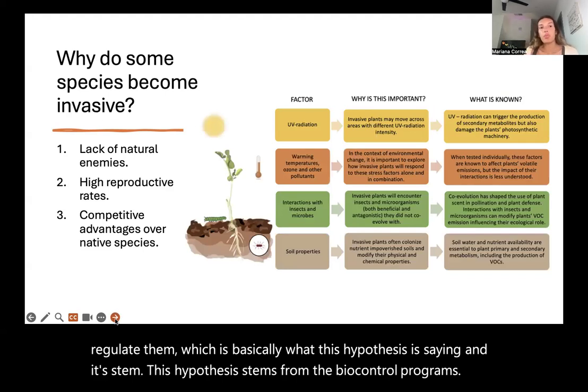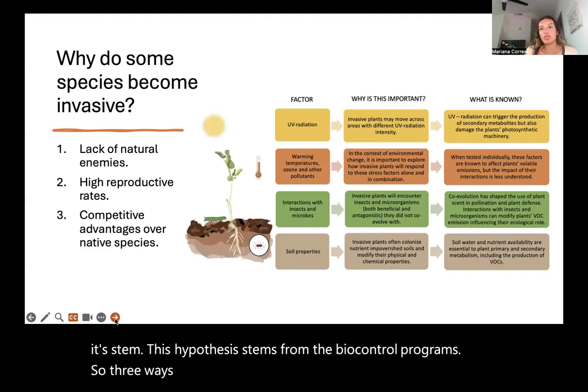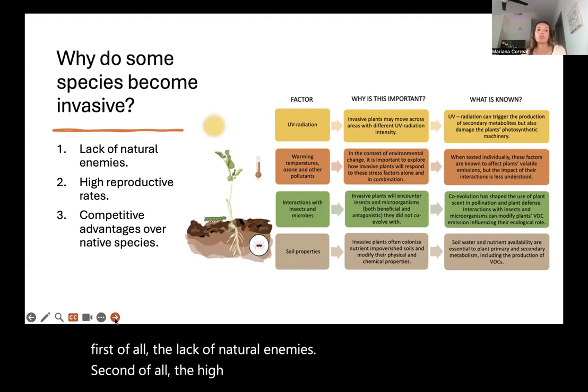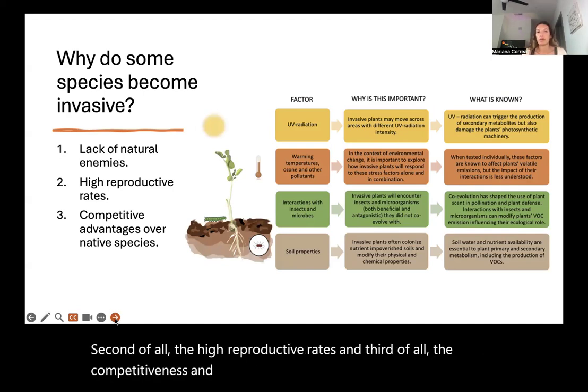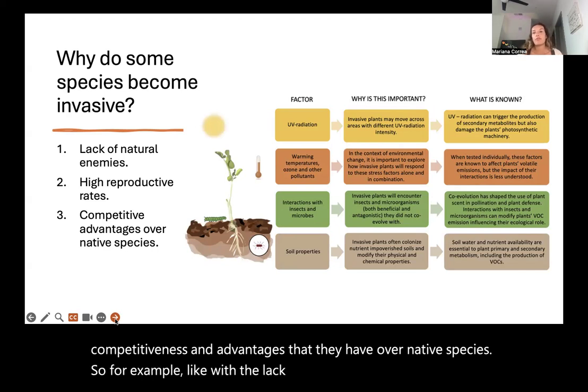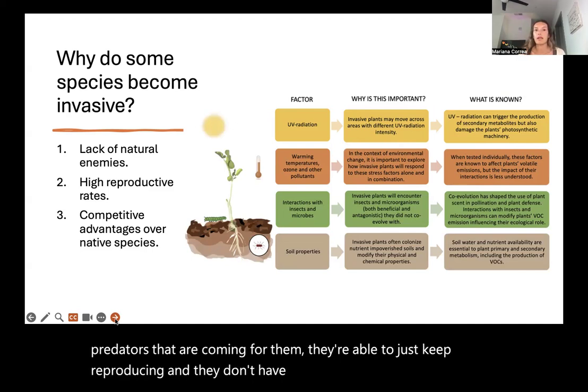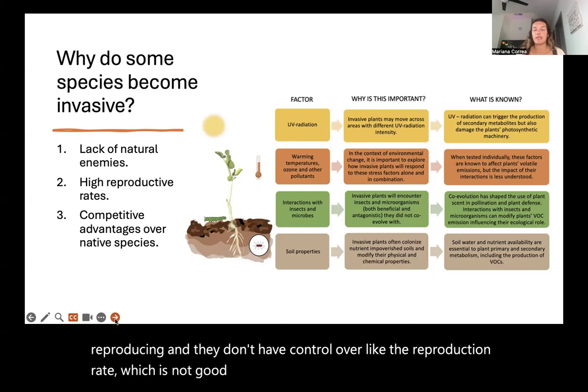So, three ways that species can become invasive are, first of all, the lack of natural enemies, second of all, the high reproductive rates, and third of all, the competitiveness and advantages that they have over native species. For example, with the lack of enemies, if they don't have predators that are coming for them, they're able to just keep reproducing and they don't have control over the reproduction rate, which is not good because then they just start taking everything over.